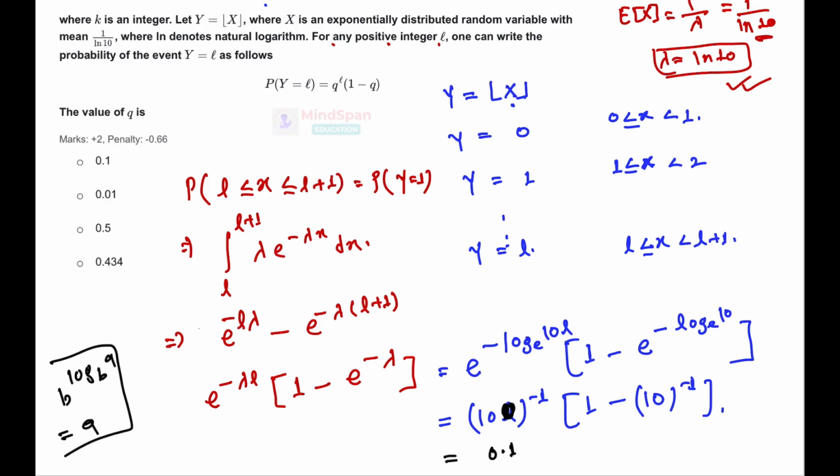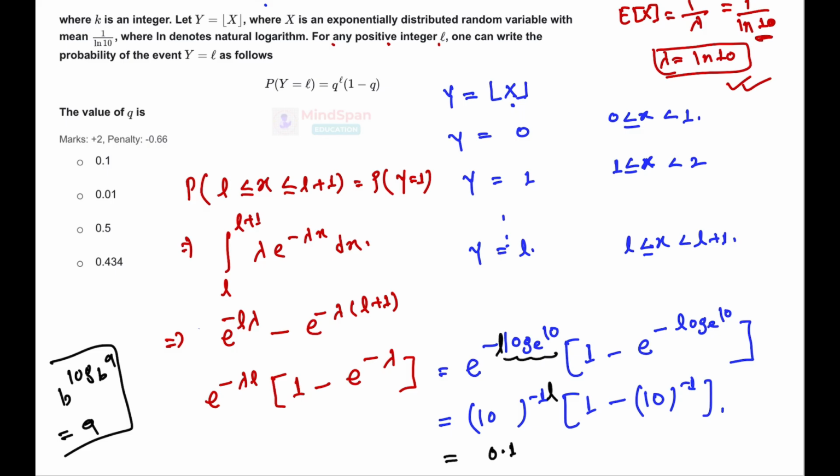So l will not be here, it will be here, so this is lambda, right?